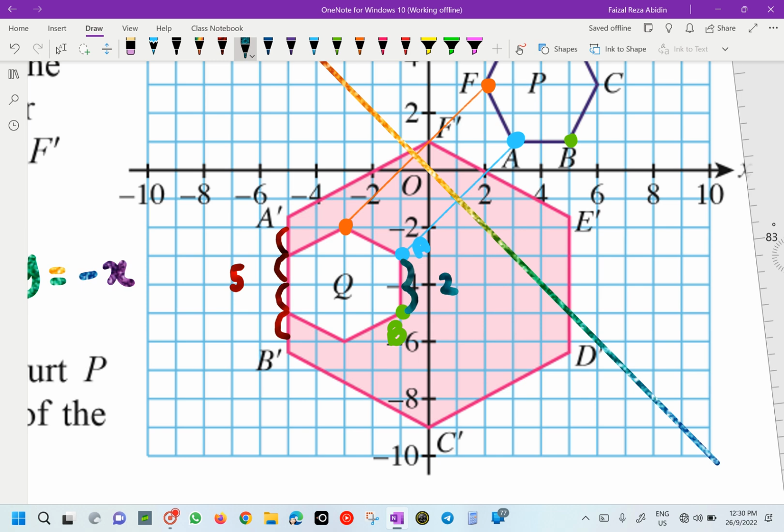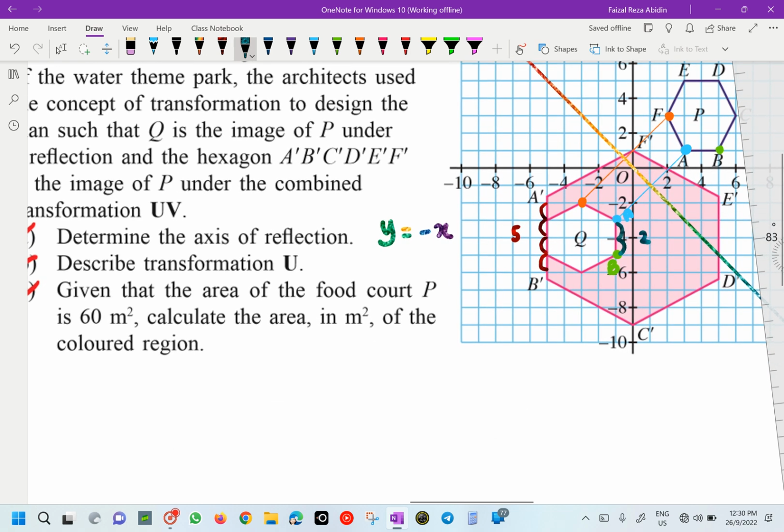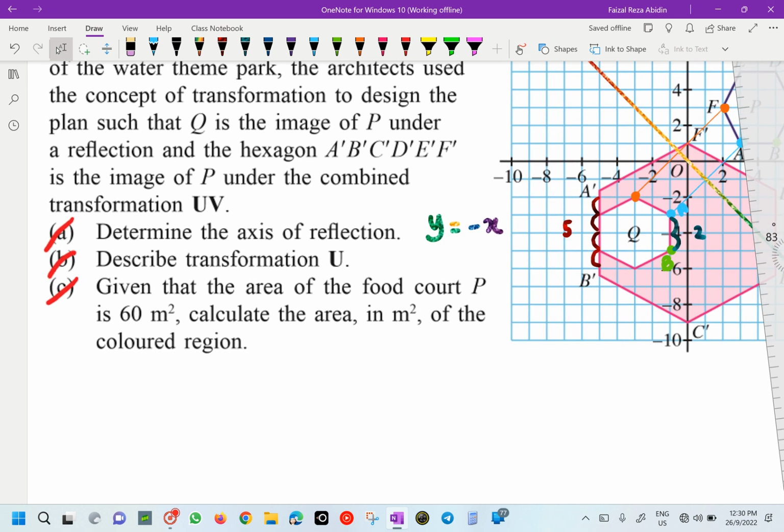Why negative? Because of its orientation. Orientation. 5 over 2, not 20. Okay. So describe transformation U over here. The reflection is our V transformation.